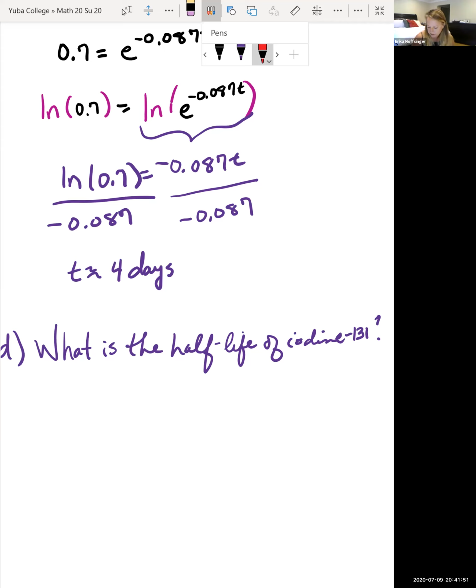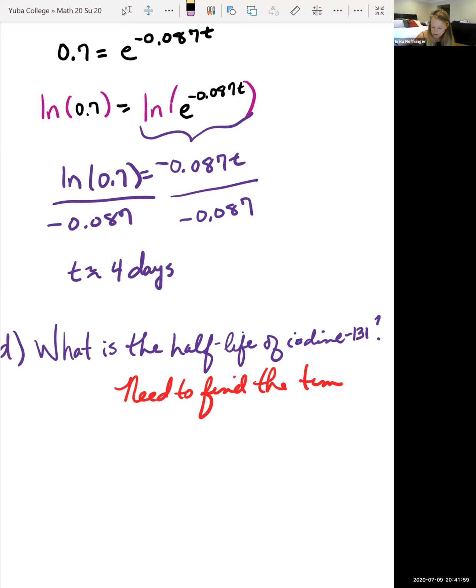So we need to find the time it takes to reduce to half the substance.